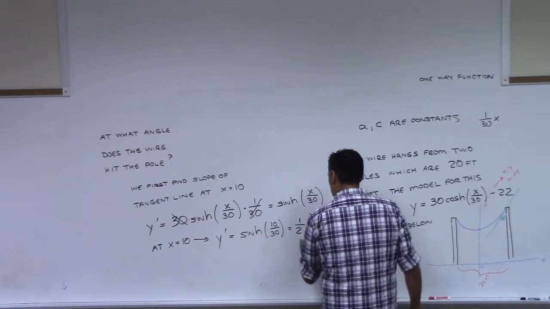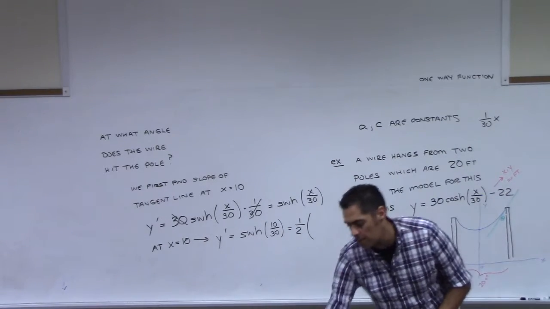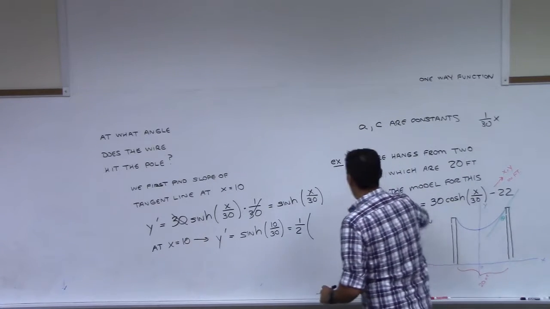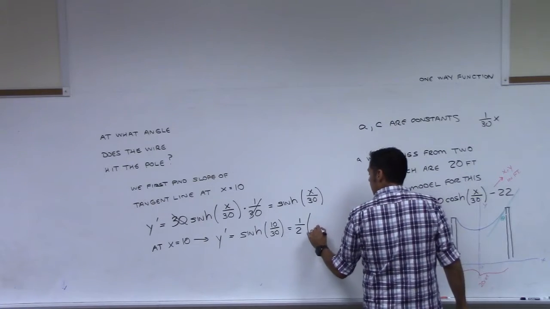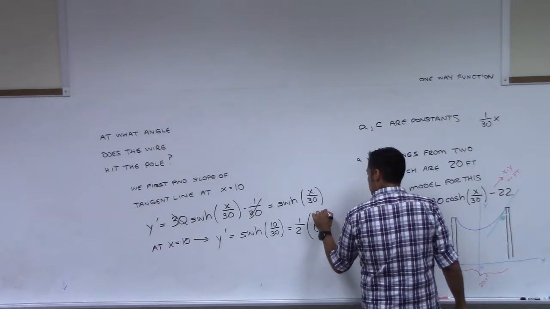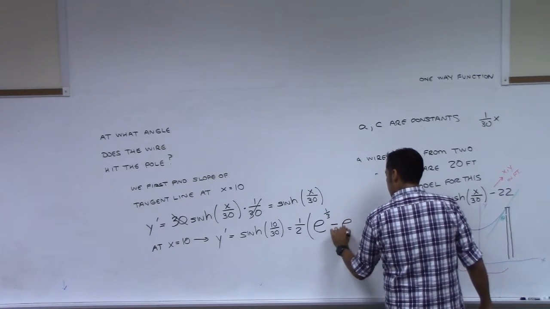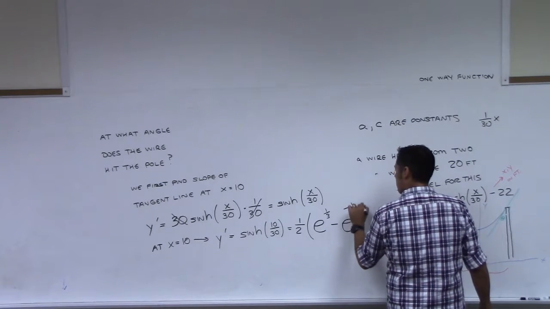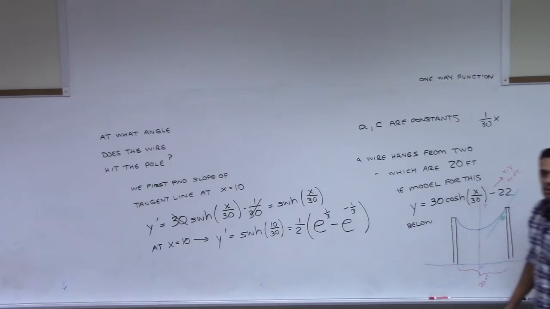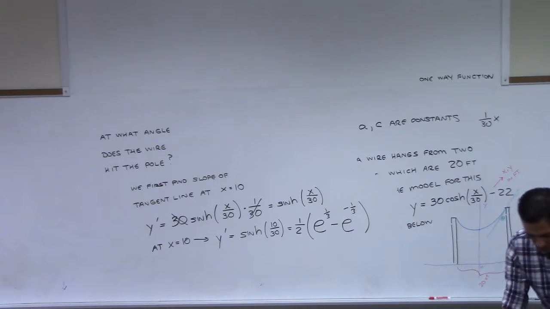Yep, we just plug it into the definition of sine hyperbolic. So it's going to be 1/2 e to the 10 over 30, which is 1/3, and then minus e to the negative 1/3. And now you have to get your calculators out and do that computation, which I will take mine out and do it real quick.